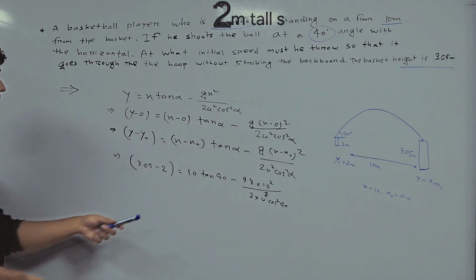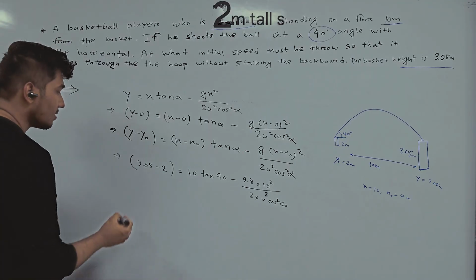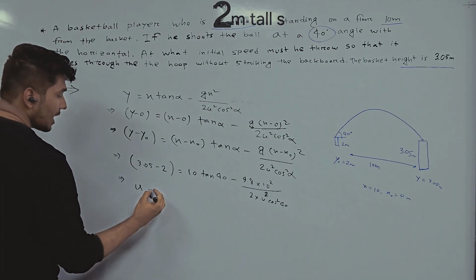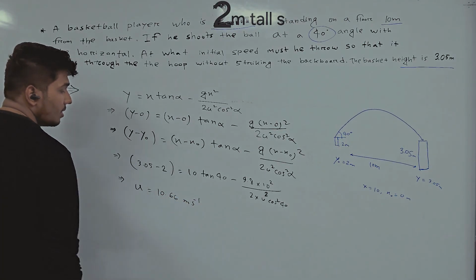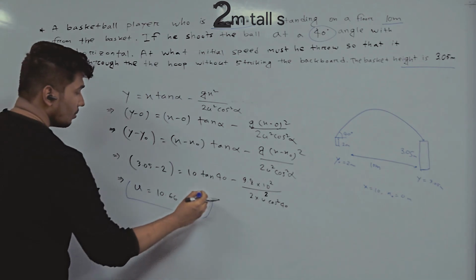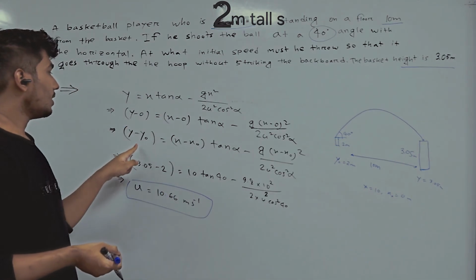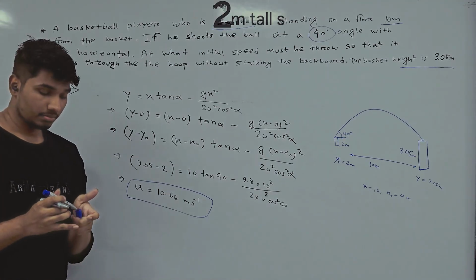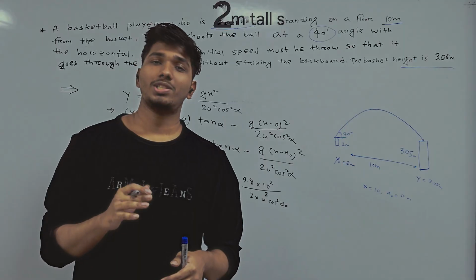If you determine the value of u by changing the sides, the ultimate value of u comes to 10.66 meter per second. So that's how we solve this kind of numerical problem using the concept of conics. I hope all of you got my point. Thanks everyone for watching till the end.